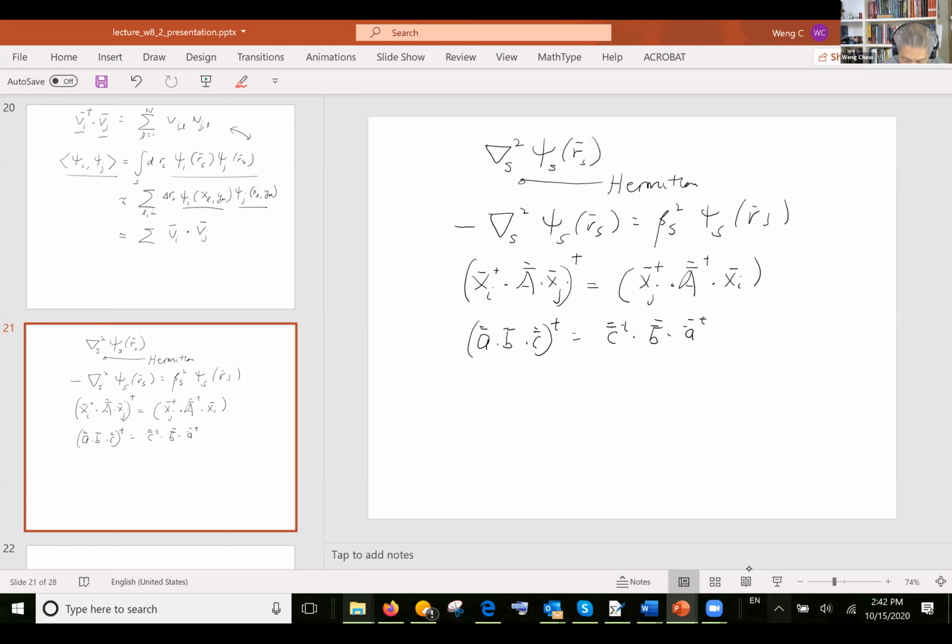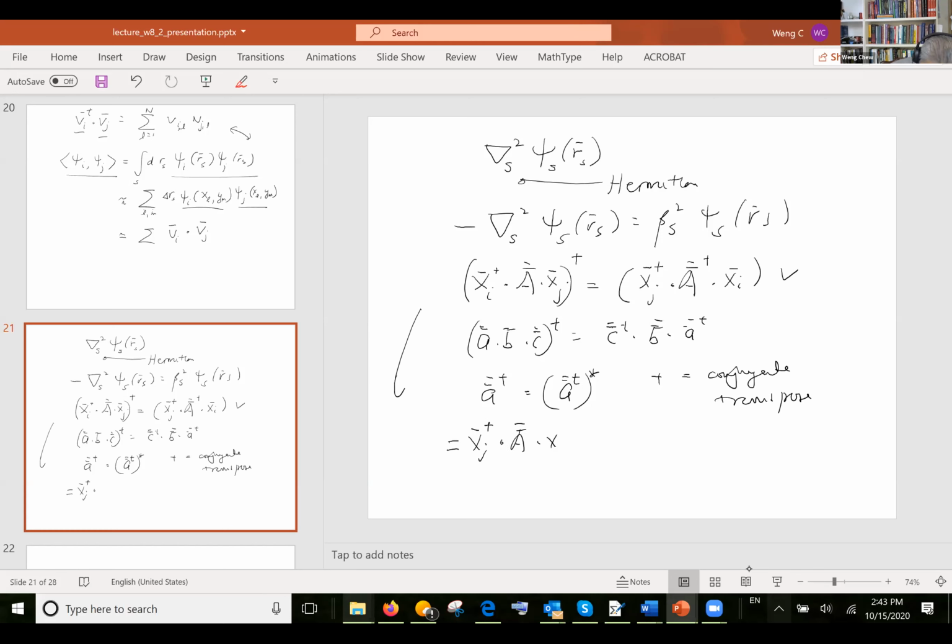So if I take this rule where A dagger just means A transpose followed by a conjugate, this is called a conjugate transpose. Dagger is equal to conjugate transpose in linear algebra. So in the conjugate transpose, you take the transpose and then you take a conjugation. If I apply that, I get this first equality. And then because A is Hermitian, this is also equal to xj conjugate transpose dot A dot xi.